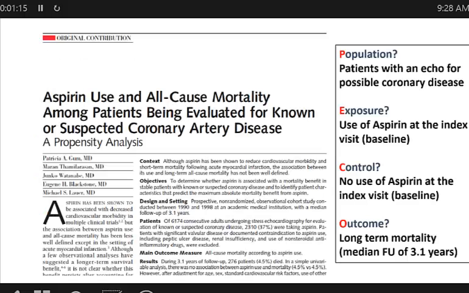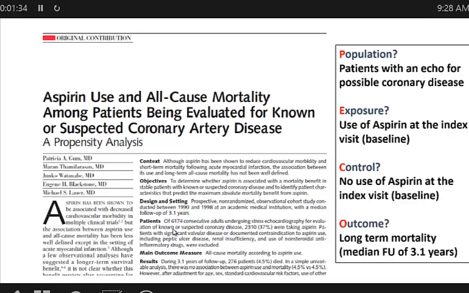So this is a paper looking at the effect of aspirin use on patient mortality. Okay, so this is the abstract, and let's see what the PICO is. P for PICO, population. Who did they study?